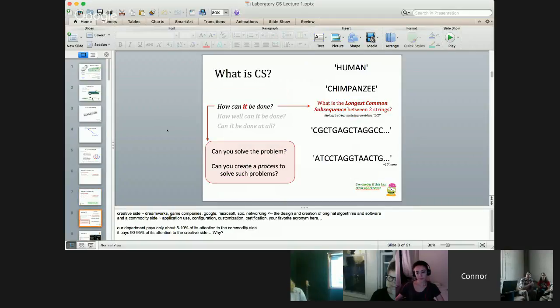So, how can it be done? It's the first question that we talk about. Can you solve a problem, and can you create a process to solve a generalized form of that problem? An example here is: what's the longest common subsequence between two strings? This becomes super useful in biology, if we want to compare how similar a human is to a chimpanzee.